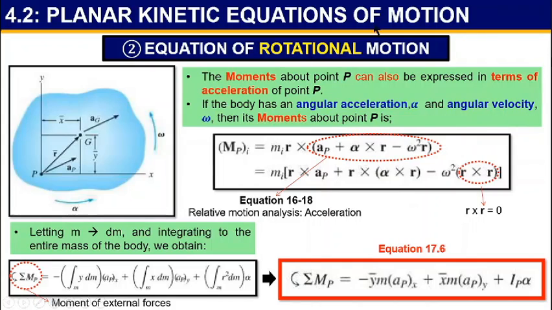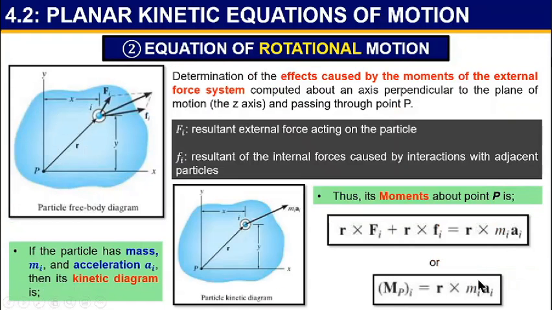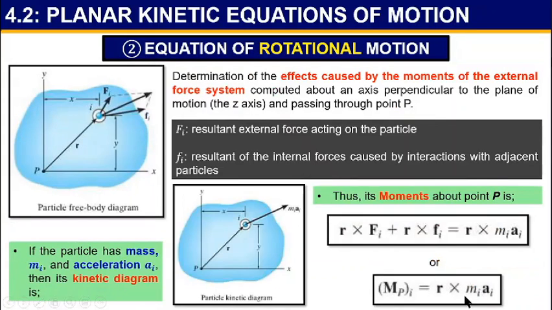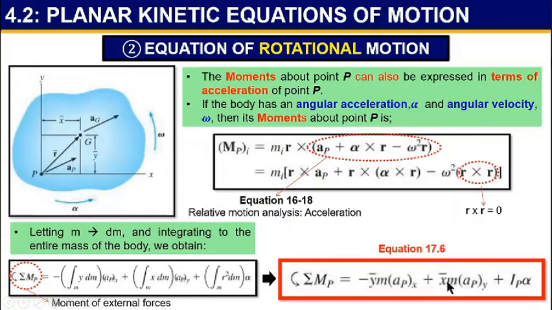Since it is rotational motion, we substitute the relative motion analysis acceleration equation into this equation, then you will get this equation, mi times r times a, and we consider the angular acceleration as well.